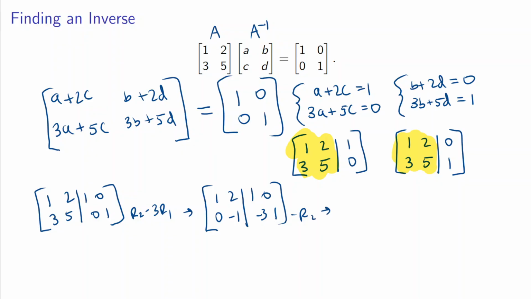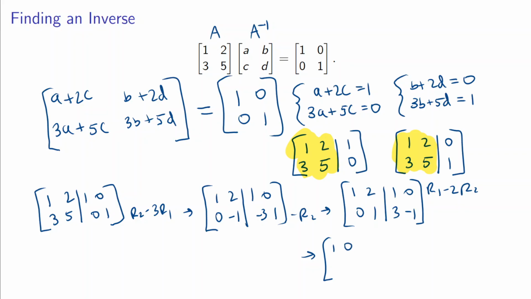We can then do a negative R2 to get that. And then we can do R1 minus 2R2. So we get 1, 0, and then 1 minus 6 is -5, 2, 0, 1, and 3, -1.